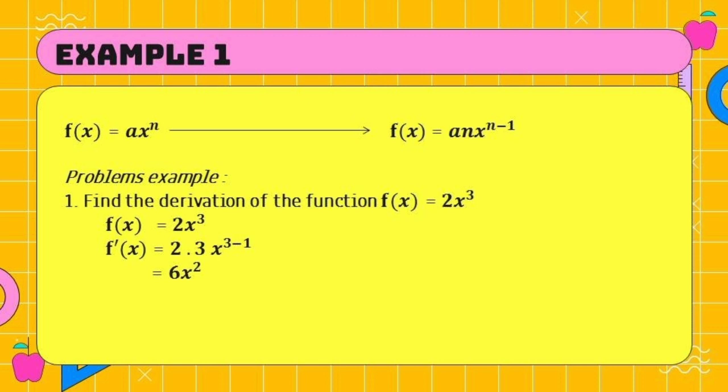To better understand, let's go straight to example 1. So, that's the formula earlier. Go to the first question. Find the derivation of the function f(x) equals x^3.